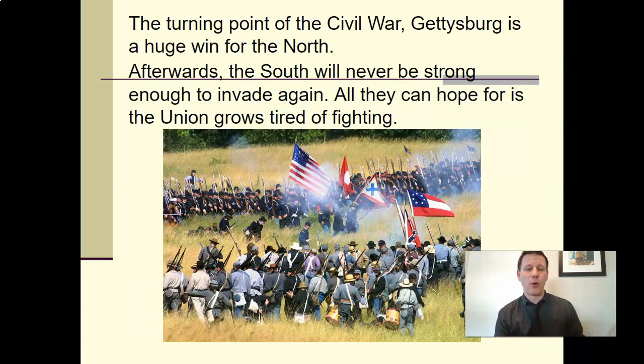But Gettysburg is important because it is the turning point of the Civil War. After this, the South will never invade again because they're not strong enough. They lost a lot of men. It's going to take time to retrain and regroup and come back from a huge defeat like this. The South doesn't have very many men in the first place.